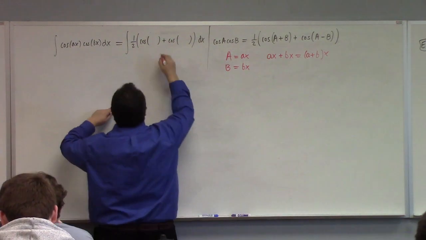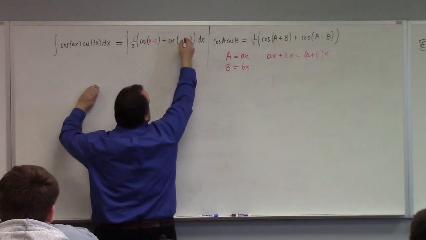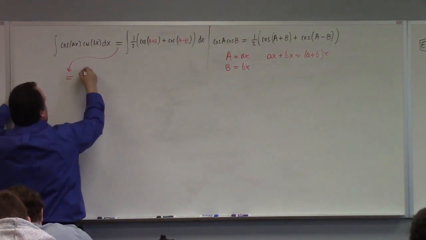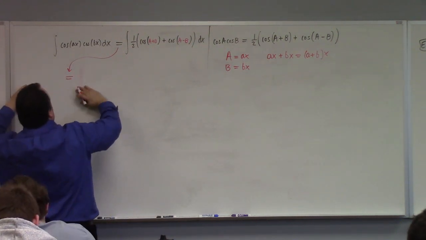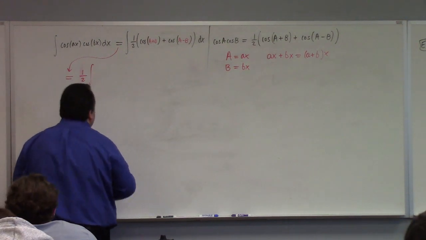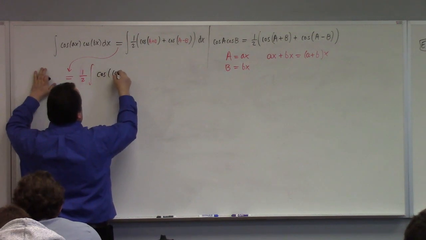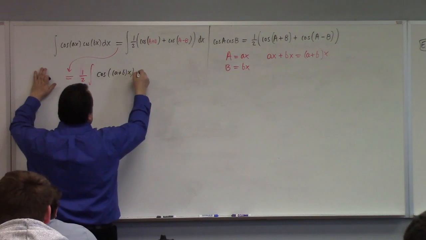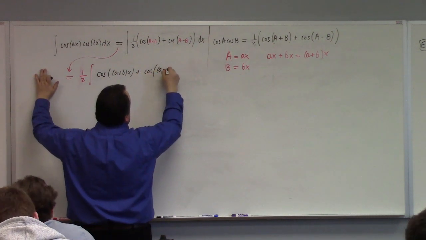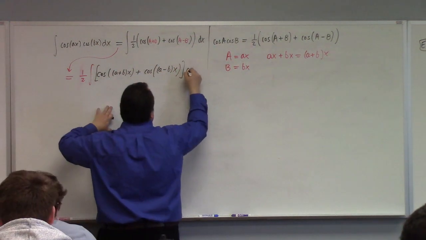I've not left myself enough room in here, so let me expand on that down here. My bad. I'll pull a half up front: 1/2 the integral of the cosine of (A plus B) times X plus the cosine of (A minus B) times X, close square bracket, dx.